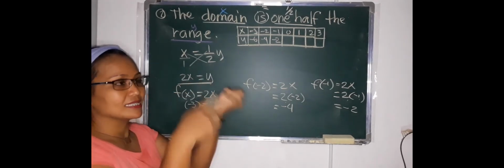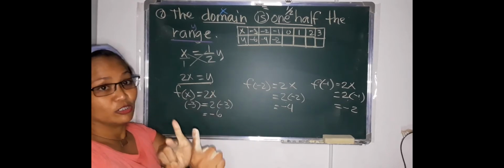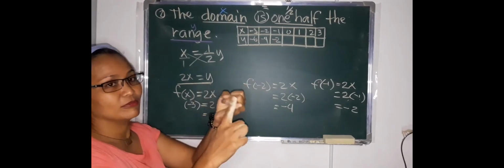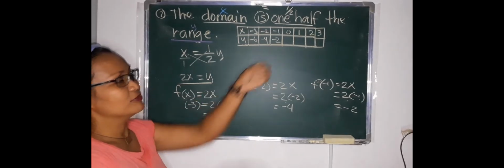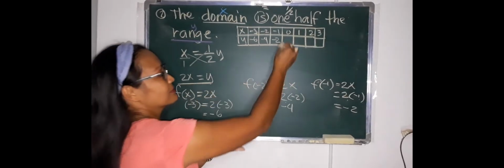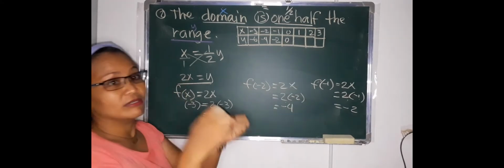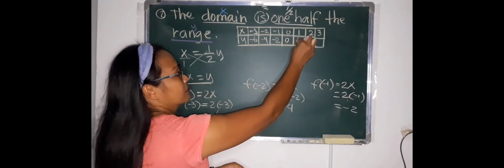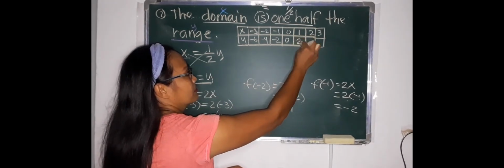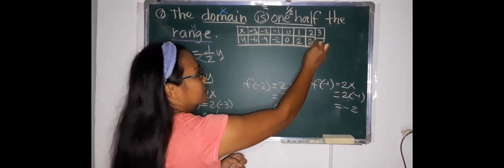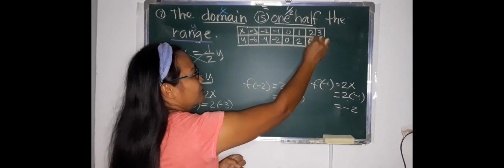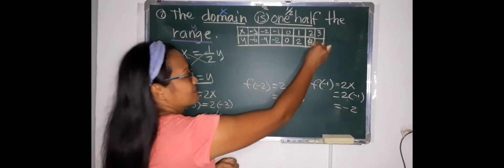So, mag-jump tayo. Negative 6, negative 4, negative 2, 0, 2, 4, 6.